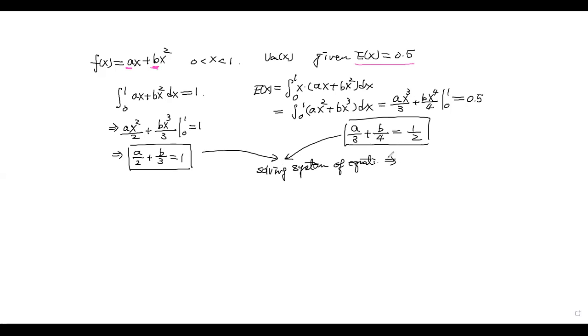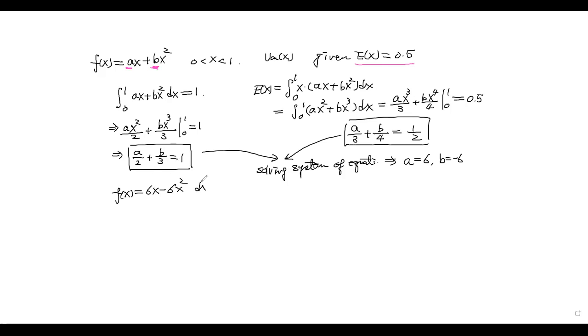After you solve this pretty simple system of two equations, you will find that a equals 6 and b equals -6. Now I know f of x is equal to 6x minus 6x squared.